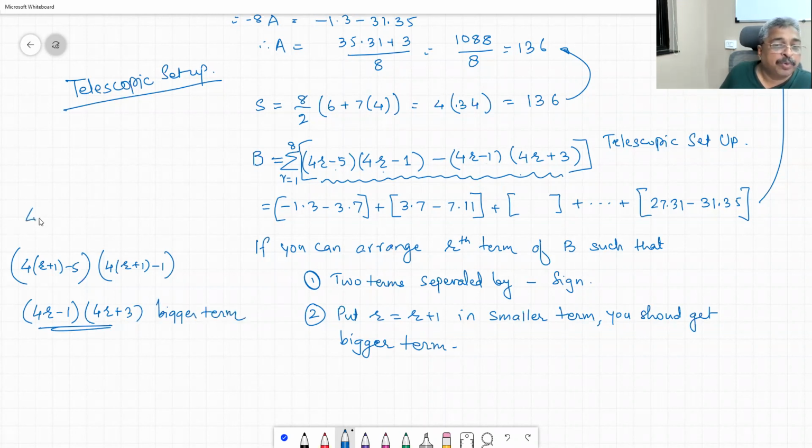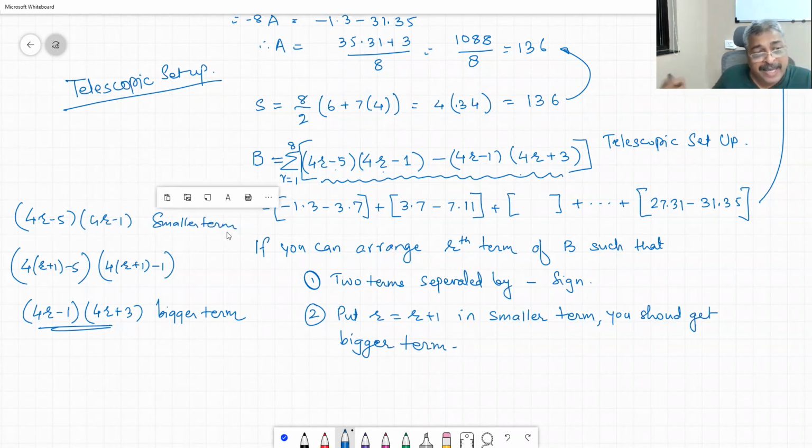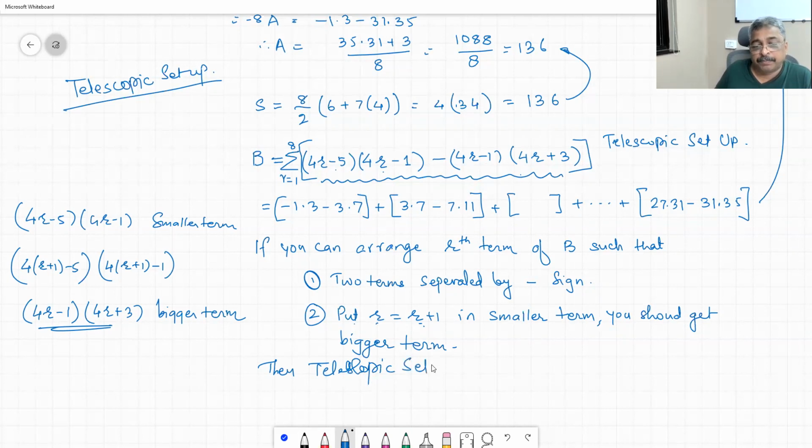This is our smaller term, 4r minus 5, 4r minus 1. If you put the next index, r is equal to r plus 1, that means I am getting the next term, the bigger term. And if these two things are happening, then the telescopic setup is done.